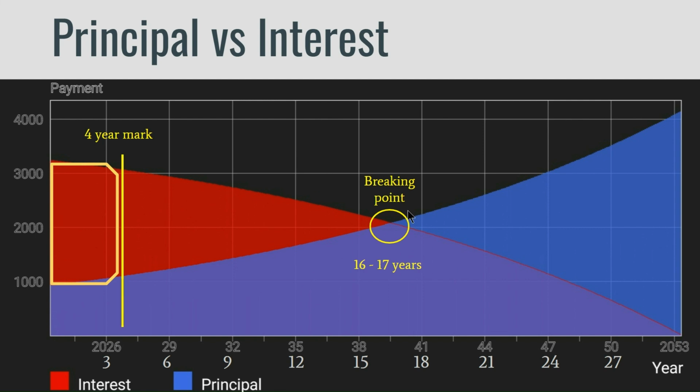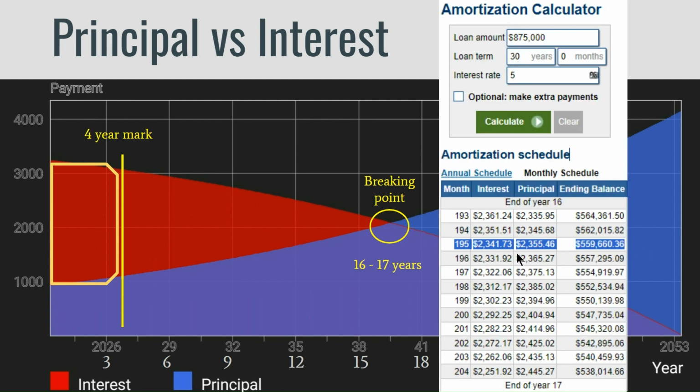As you can see, the principal goes above the red line. The blue line goes above the red line at this point, between 16 and 17 years. But what does that mean? It means your principal payment at this point becomes higher than your interest payment.